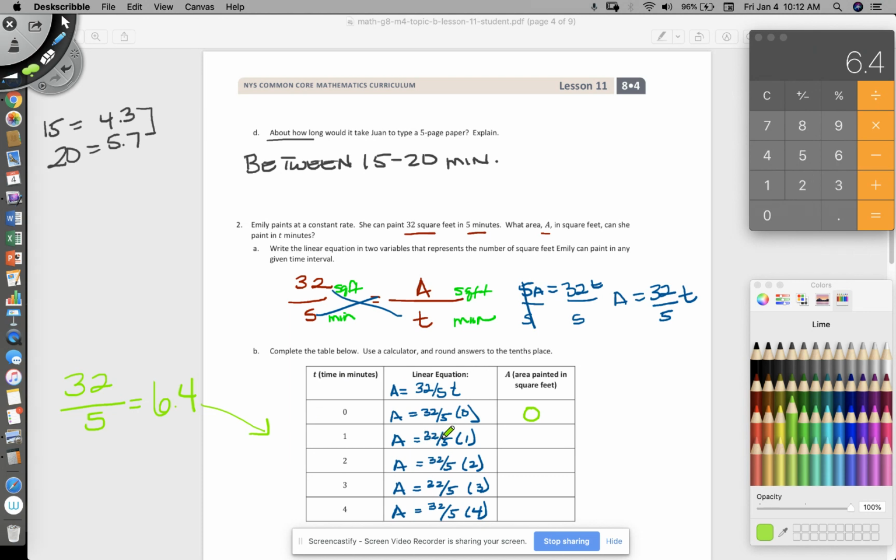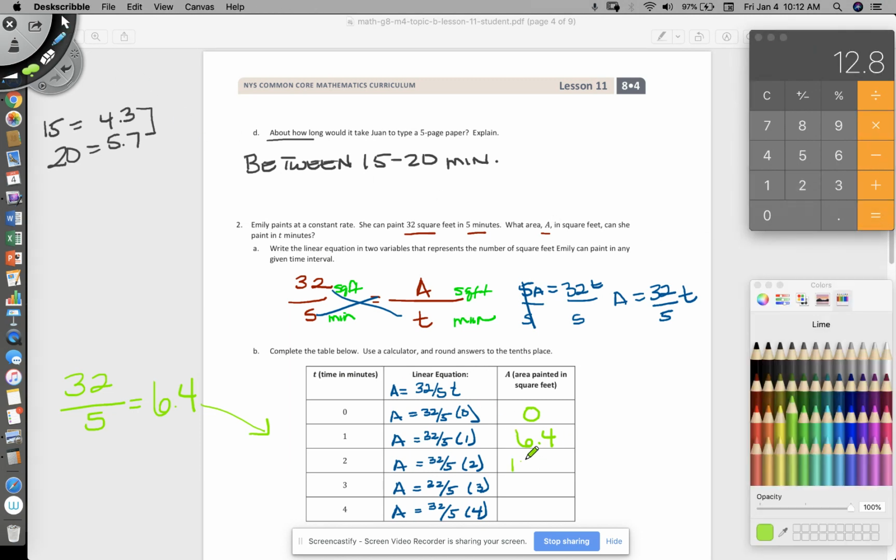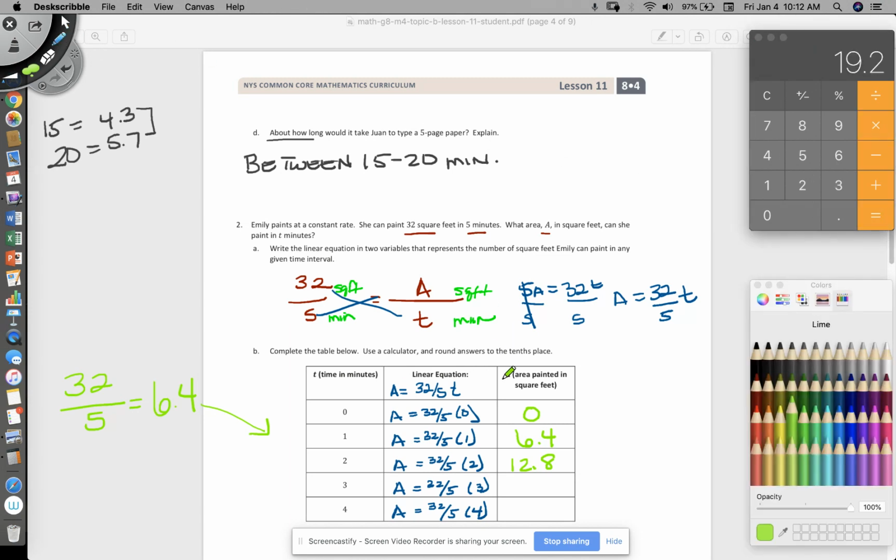So 6.4 times 1 is going to give me 6.4. 6.4 times 2 gives me 12.8. 6.4 times 3 gives me 19.2. And then finally, 6.4 times 4 would give you 25.6.